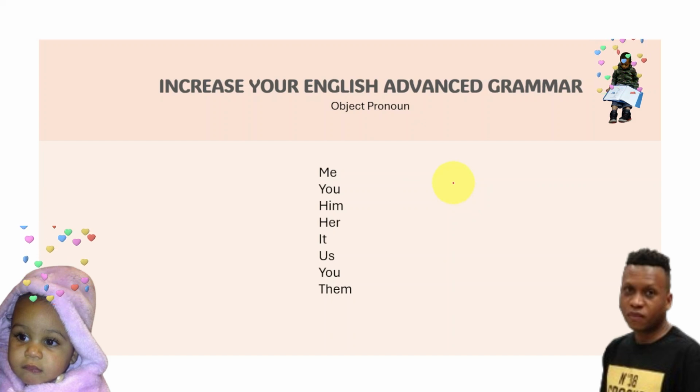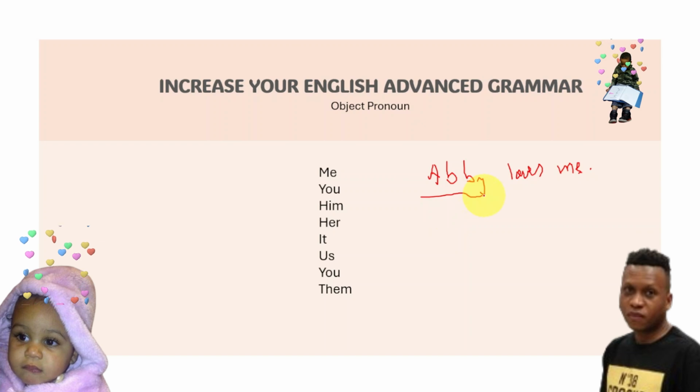Abby loves me. I'm just giving an example. Okay, so in this case, this one is a proper noun. Okay, this one is a verb. This one is an object pronoun.